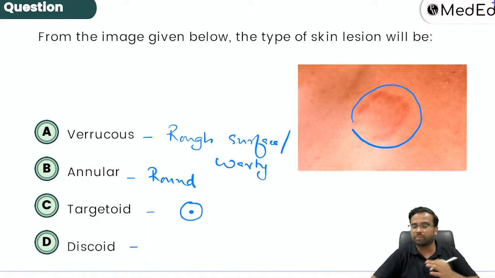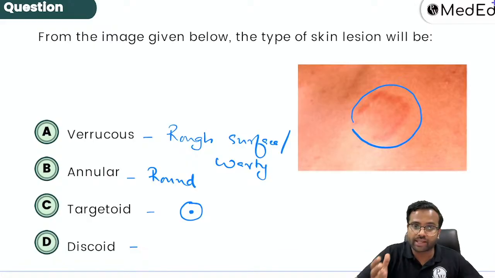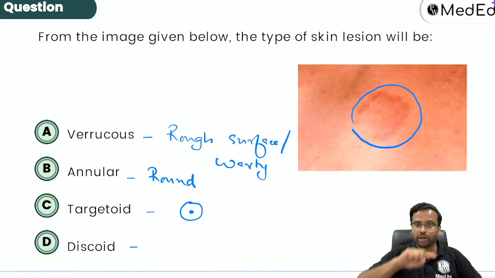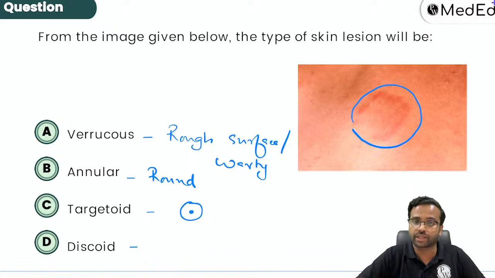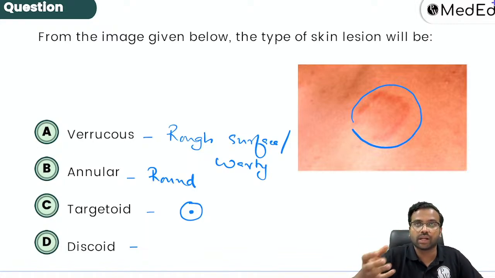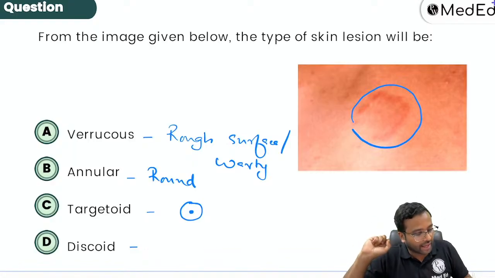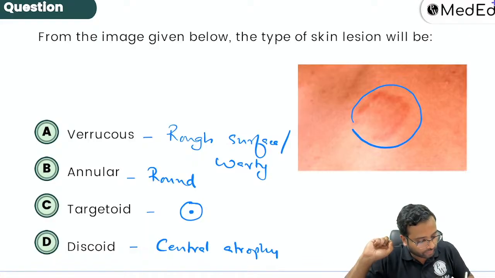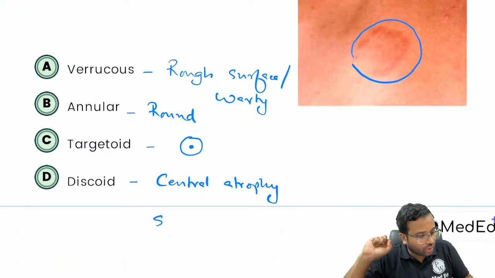Sometimes if you take it as an eczema, it can be discoid eczema, nummular eczema, where you can have a coin-shaped lesion, or discoid lupus erythematosus. So in discoid lupus erythematosus, a discoid type of lesion means there can be a central atrophy surrounded by hyperpigmentation.